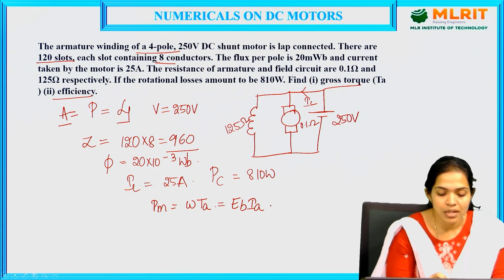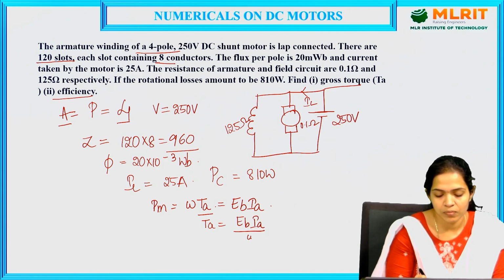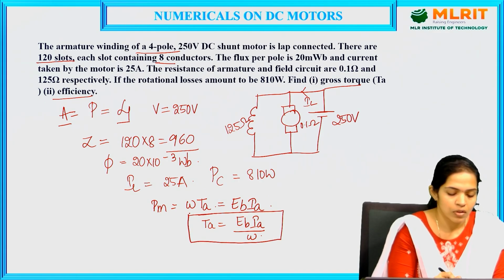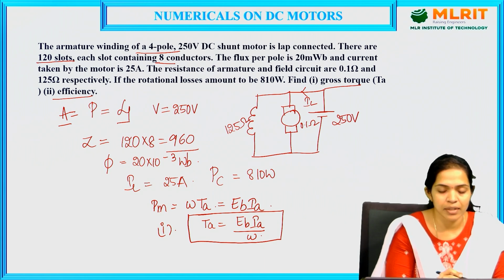So he is asking us to calculate the armature torque. So we can calculate the armature torque from this equation, that is EB into IA by omega. Case 1. And he is also asking us to calculate the efficiency.